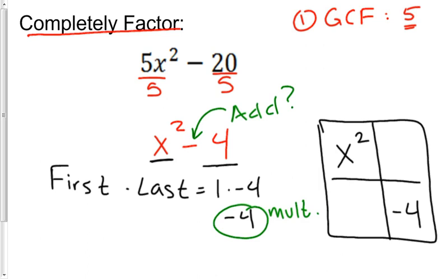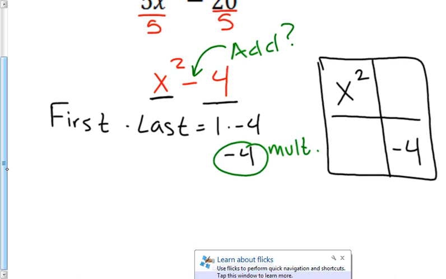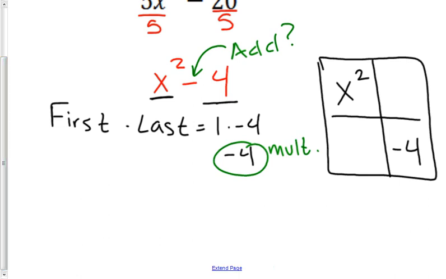Here's our issue. If we don't have a middle term, what do we do? Well, in math, how do we write nothing? Write it with a 0. So we could rewrite this as x squared minus 0x minus 4.